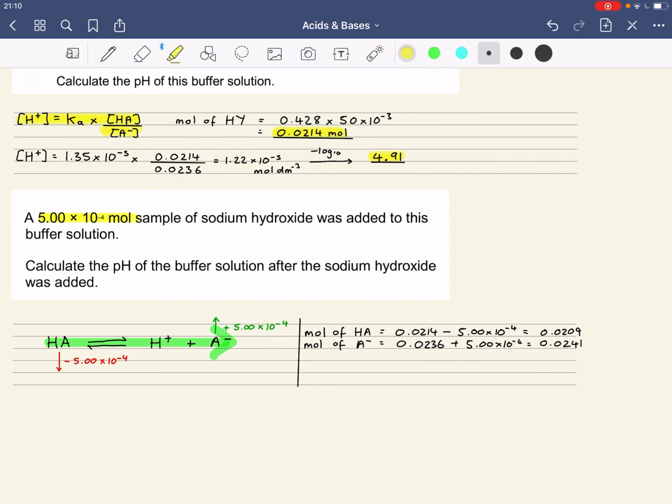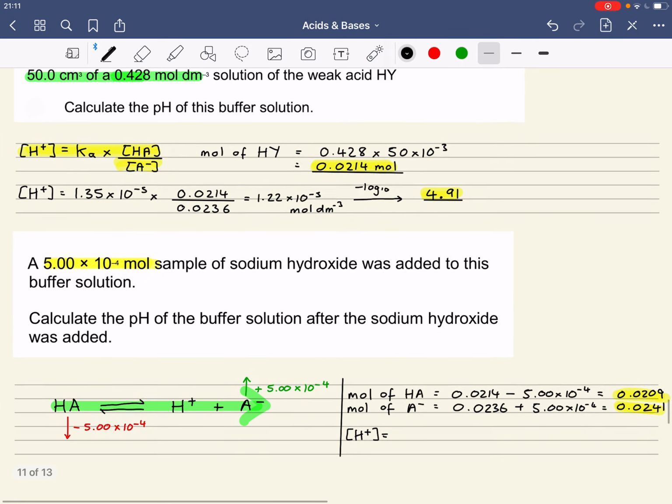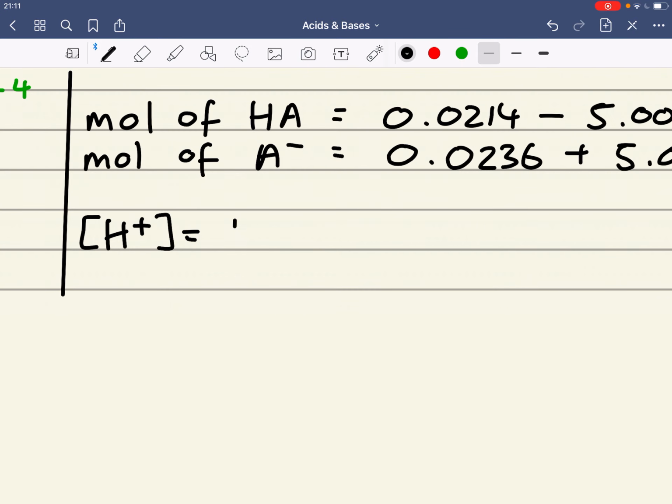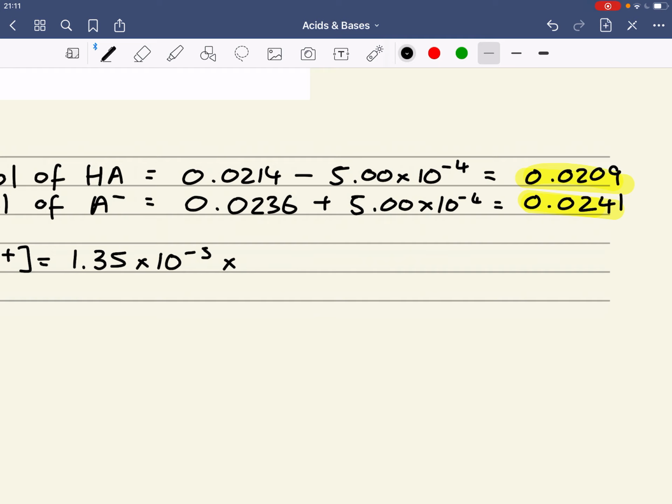All you do now is simply put these numbers back into this equation. So that will give me a hydrogen ion concentration equal to my Ka, which again is 1.35 times 10 to the minus 5, times 0.0209 over 0.0241.